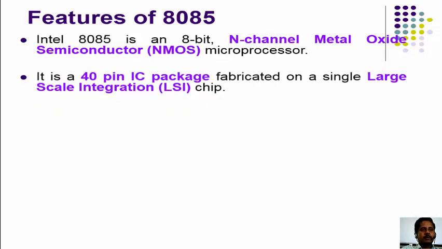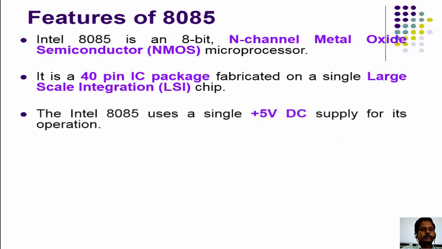It is a 40 pin IC package, that is integrated circuit package, fabricated using LSI technology, that is large scale integration technology, on a single chip. As I said, Intel developed this IC 8085, whose operating voltage is plus 5 volt DC.